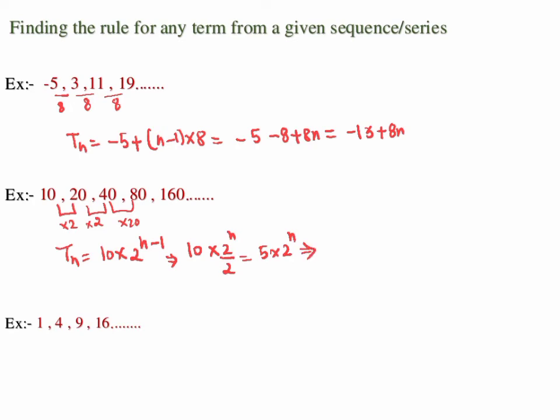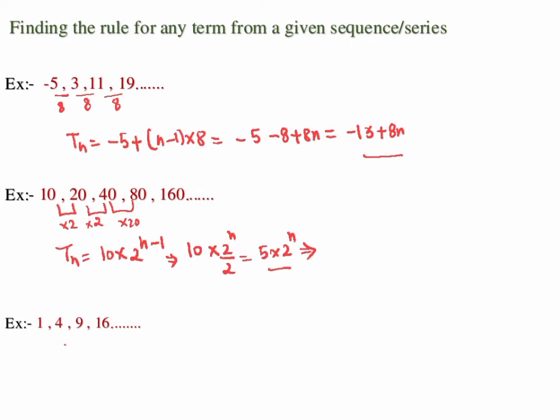So putting the value n equals 1, you will get 10. You put 2, you will get 20, 3, you get 40, 4, you will get 2 to the power 4, 16, 5 is 80, and so on. So this is a rule or expression for the nth term.